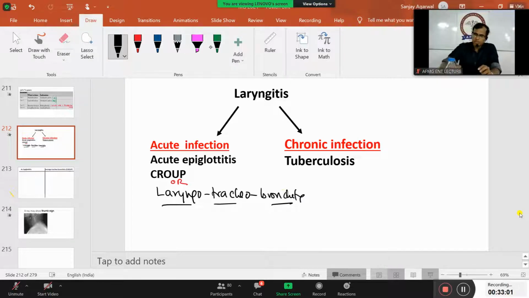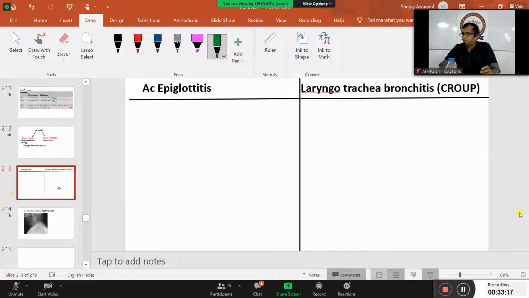Now for epiglottitis and croup, you have to know 5 points about epiglottitis and 5 points about croup. And all these points are very opposite of each other, very different. So what do I do? I compare them. I make 2 columns.